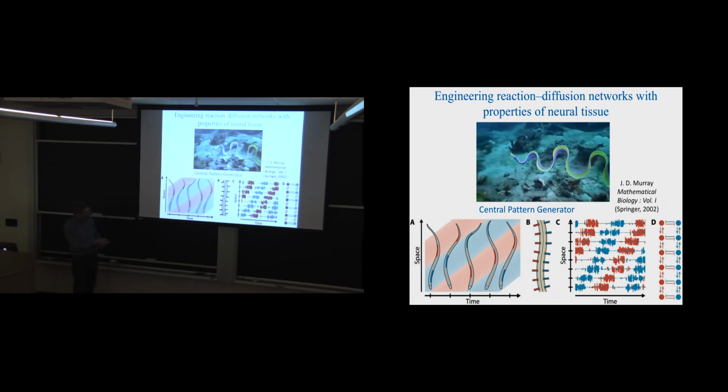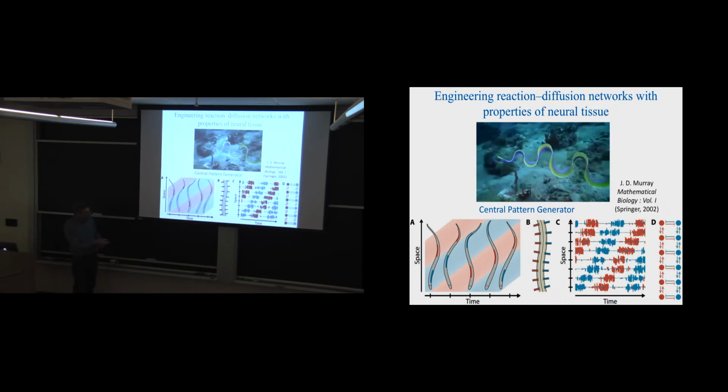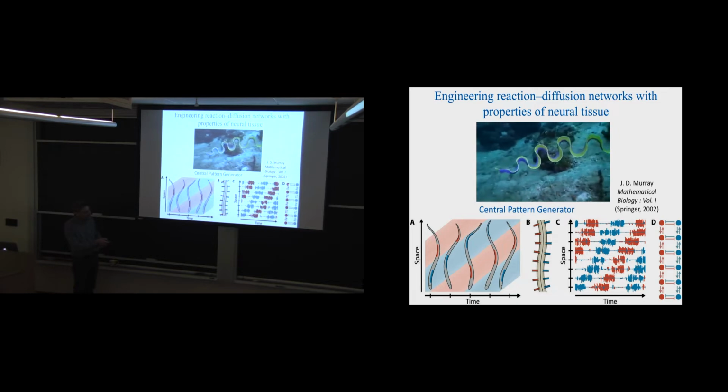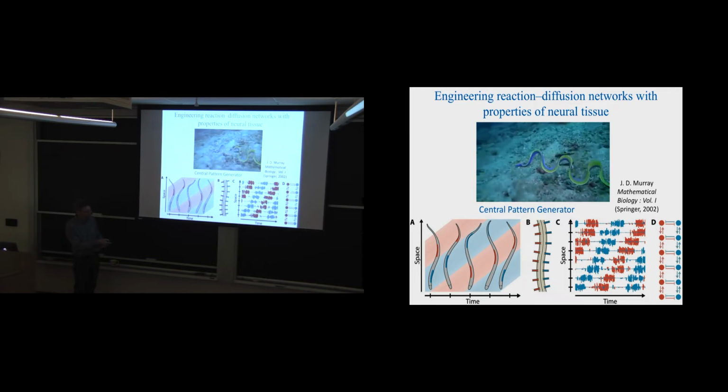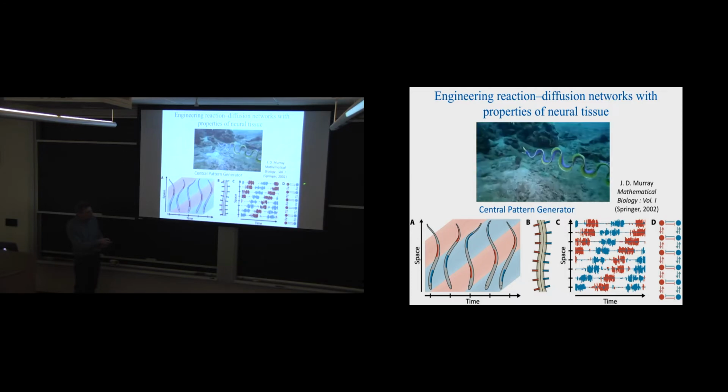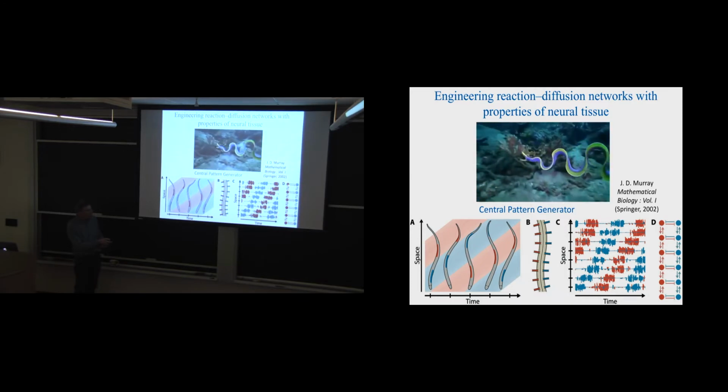The arrows with a head mean they're activator coupled, meaning if this one fires, it wants to make that one fire. Bidirectional means that likewise, when this one fires, it wants to make that one fire. And the hammerhead symbols, like a nail with a head, mean inhibitory coupling, so when this one fires, it wants to inhibit that one from firing.